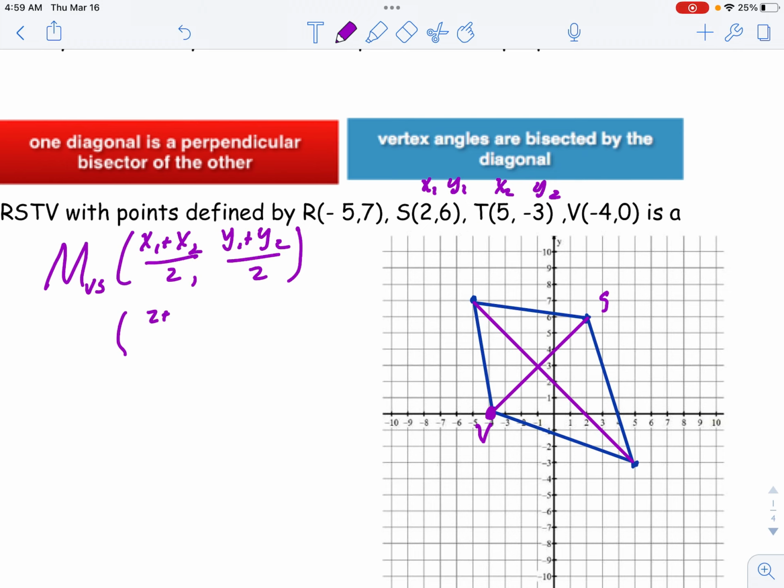Alright, we plug in the points, we're going to get 2 plus 5. Hold on. Oops. I'm reading my points wrong.